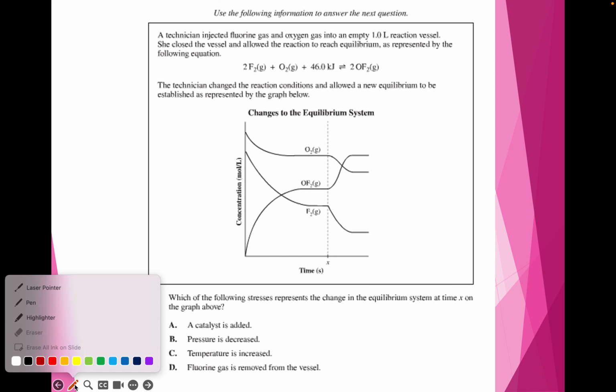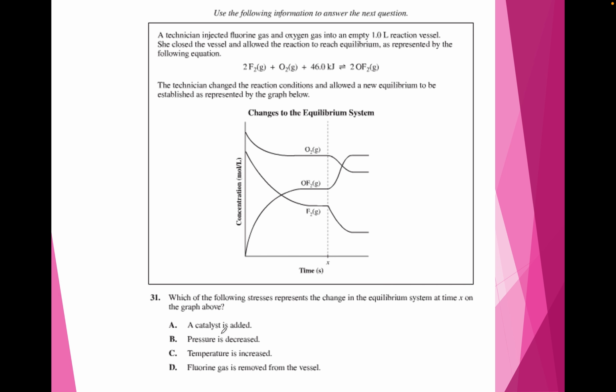When you're looking at different types of stress, if it is a temperature change, you will have no vertical lines. Because we don't have a vertical line going straight up or straight down on the first reaction, we know it's going to be a temperature change, and that's also because it's on all of these. So no vertical lines.